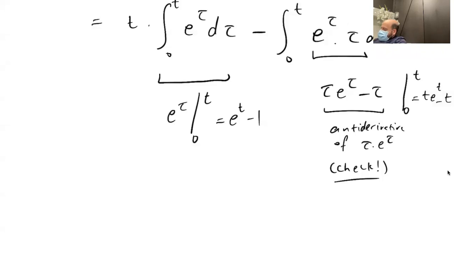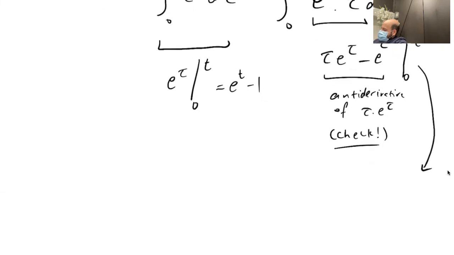Sorry, this was a tau e to power tau minus e to power tau, not a tau e to power tau minus e to power tau. And then I calculate it between 0 and t. I'll get t e to power t minus e to power t.